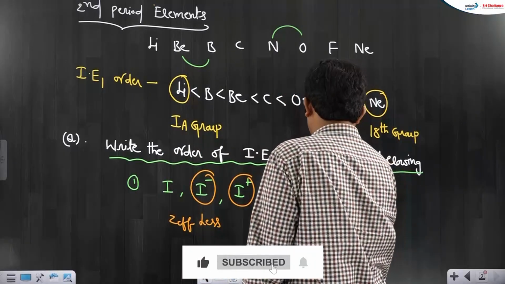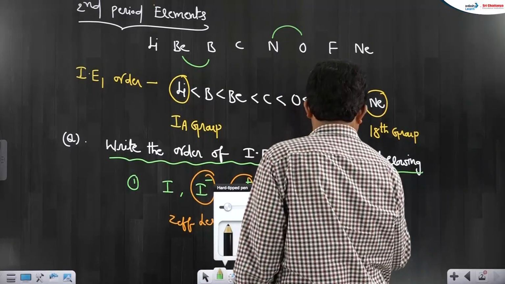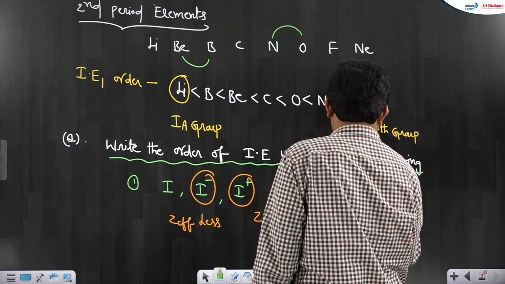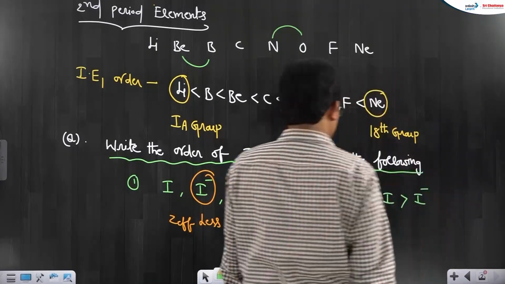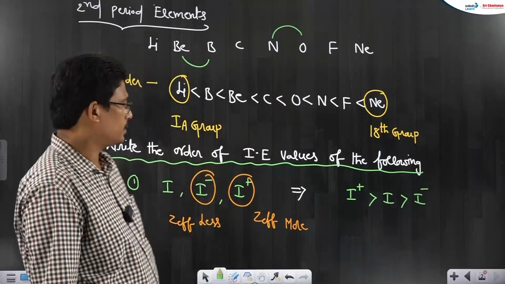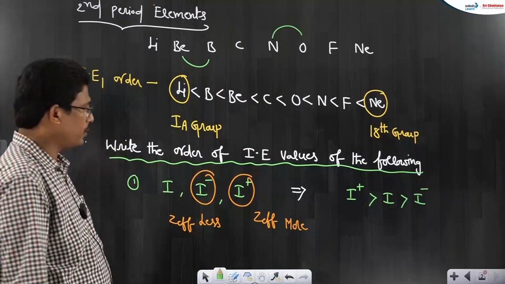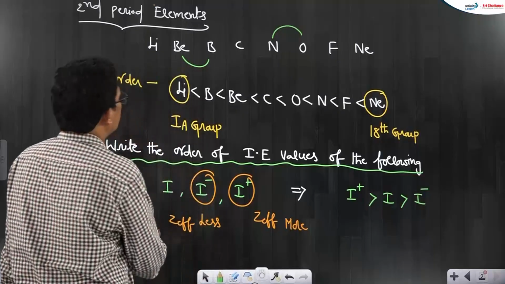So the correct order is I plus greater than I greater than I minus. Decreasing order of ionization energy.